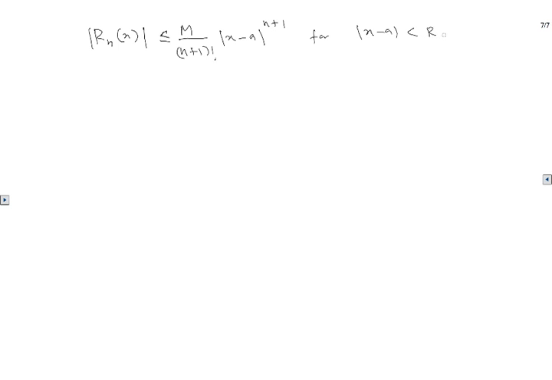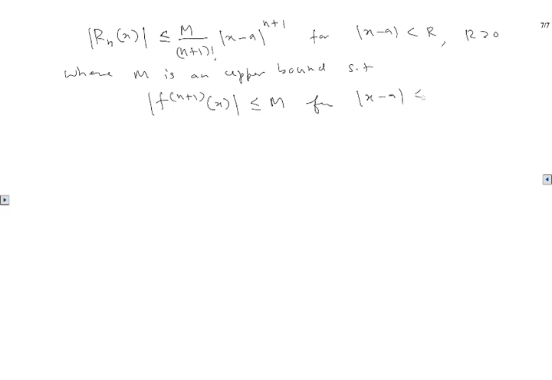Where r is positive, you know that. So this error is bounded by that, and where this M is an upper bound such that the next derivative, the n plus first derivative, is bounded by that M for the same range.